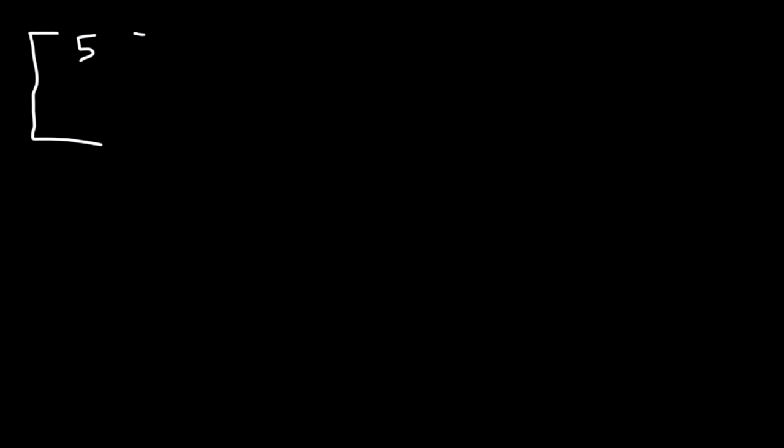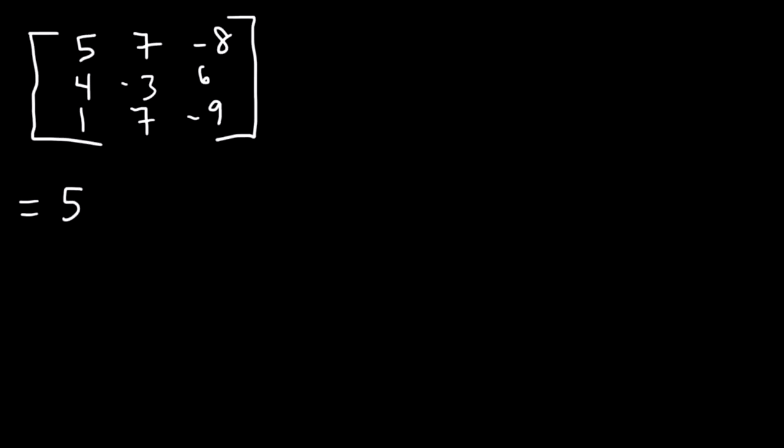Let's say this is 5, 7, negative 8, 4, negative 3, 6, 1, 7, and negative 9. Go ahead and calculate the determinant of this 3x3 matrix. So the first number is going to be 5. And if we get rid of the first row in the first column, we're going to get negative 3, 6, 7, negative 9.